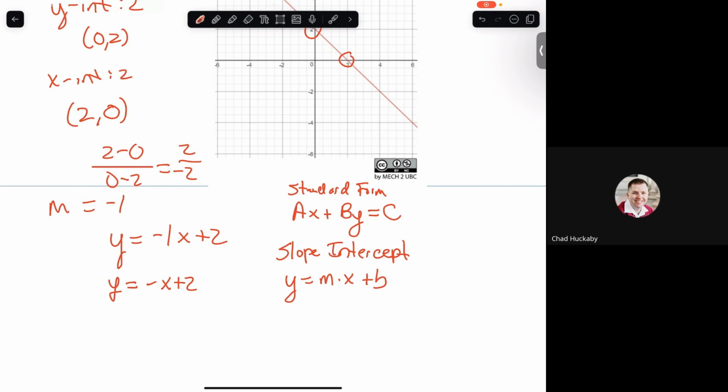That's a main distinction here, but it does let us see both the slope and the y-intercept simply by looking at the equation. And the other form we've looked at is point-slope. That's what we get when we have the slope of the line and a point on that line. It's y minus y1 is equal to m times x minus x1.